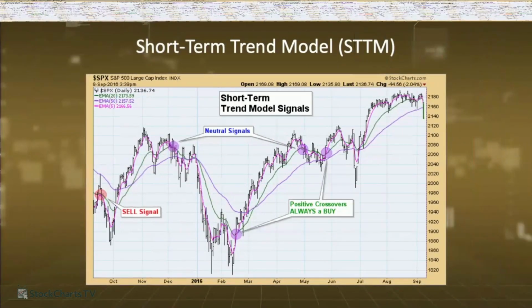And here are the short-term trend models, those 5 and 20-day EMA crossovers. And again, same idea. You get the negative crossover above the 50-day EMA, then it's a neutral. When they're below those crossovers, well, it's not an actual crossover, but if it comes in below the 50-day EMA, then it is a sell signal.